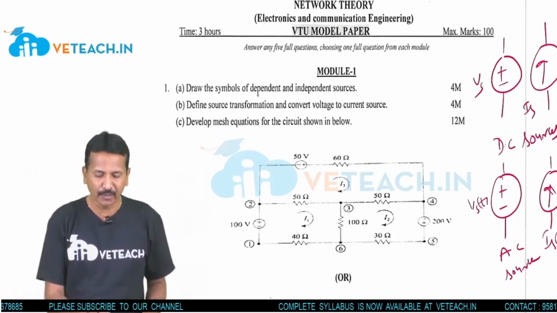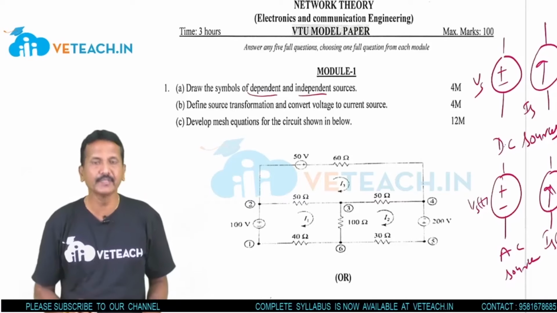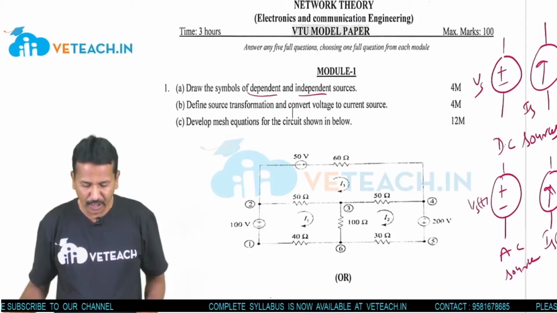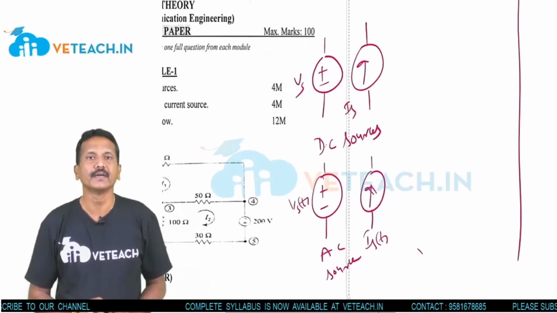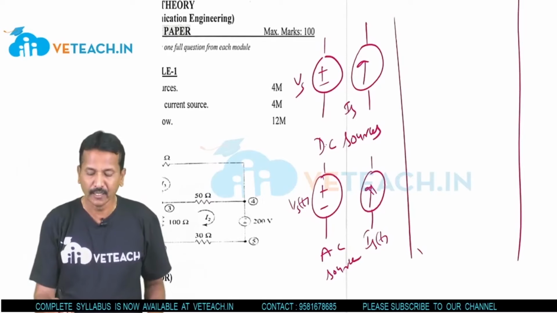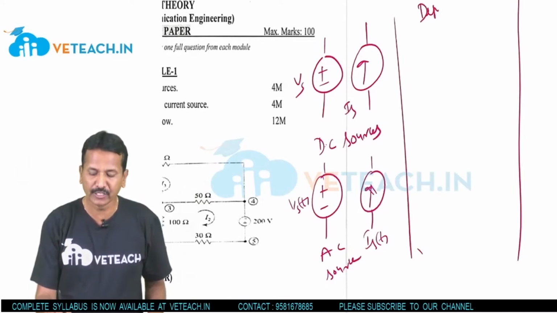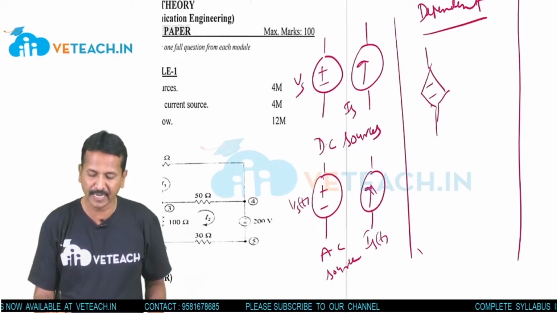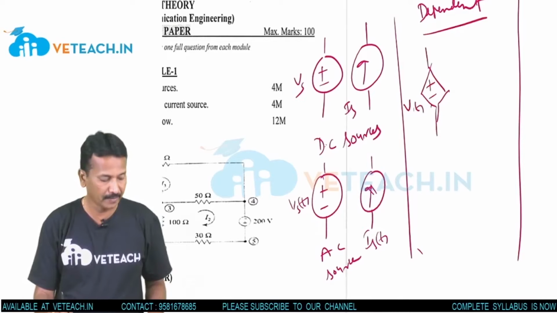Again, these are divided into two types, dependent and independent. Students, are you dependent or independent? You are dependent and your parents are independent, right? First of all, I will explain the dependent sources. The symbol of a dependent source is a diamond shape, minus and plus, V of t.